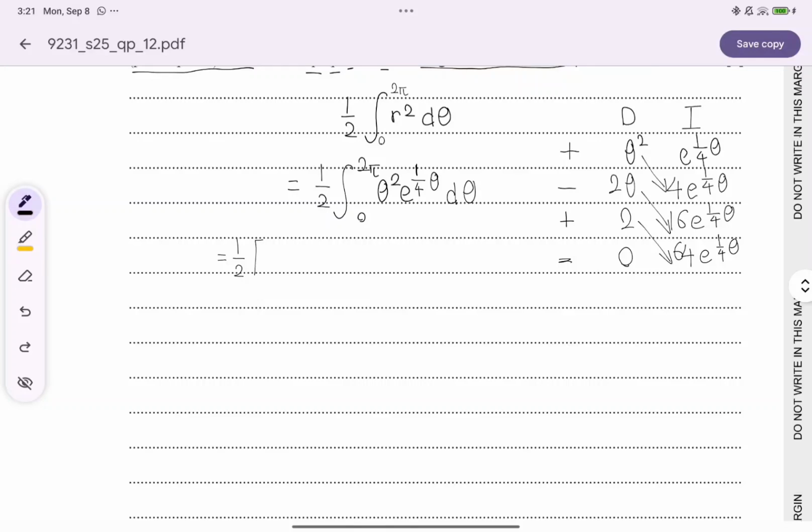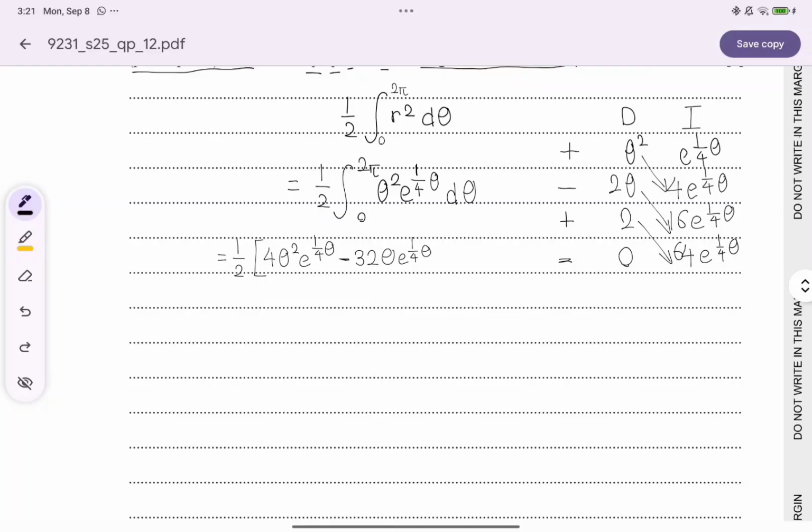So the final integral would be plus 2 theta squared times 4 times e to the power of 1 over 4 theta. That would be 8 theta squared times e to the power of 1 over 4 theta. Then minus 2 theta times 16 times e to the power of 1 over 4 theta, so this is minus 32 theta times e to the power of 1 over 4 theta.